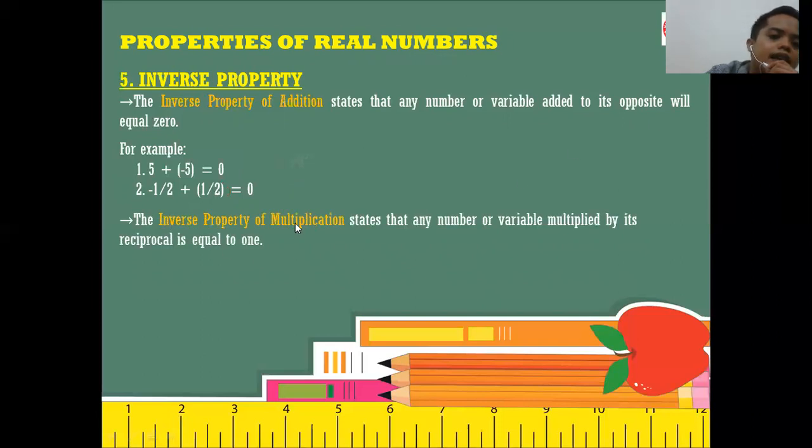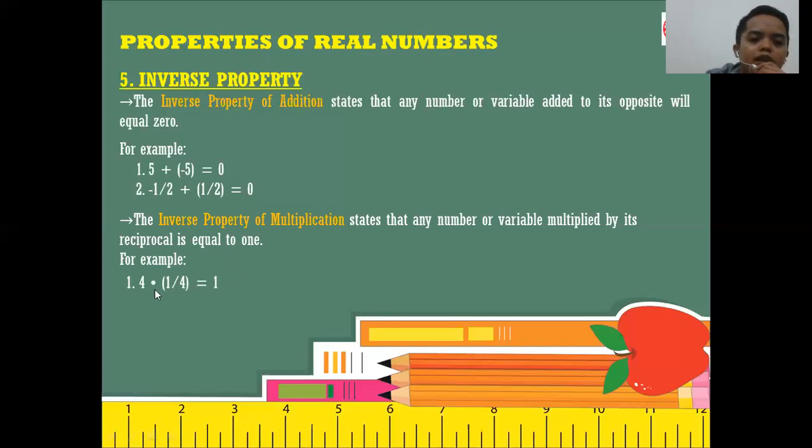Now, the second property under the inverse property is the inverse property of multiplication. It states that any number or variable multiplied by its reciprocal, this time reciprocal, is equal to 1. For example, 4.